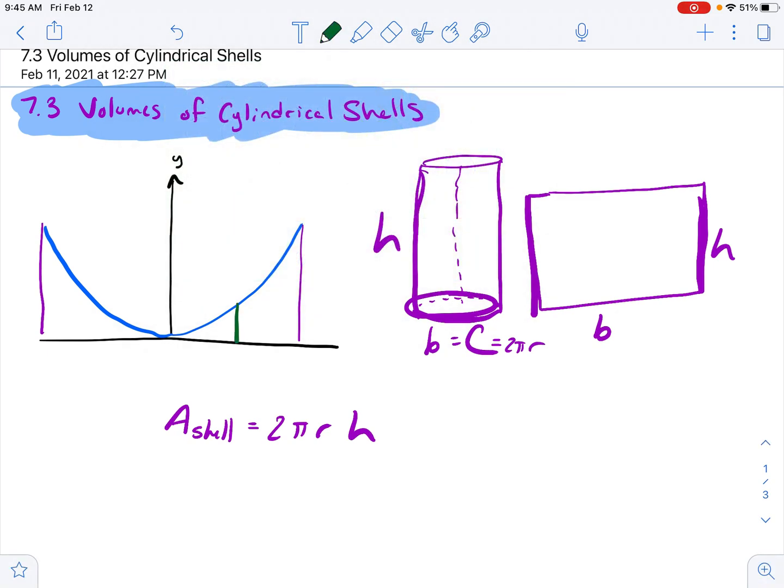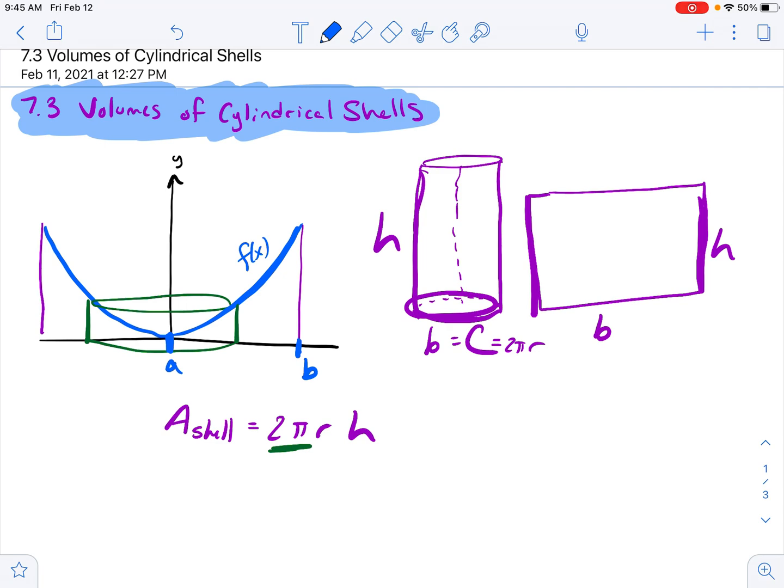Here's one vertical slice that I've wrapped around, creating this cylindrical shell. 2 pi is just a constant, so we're going to leave that alone. What I need to figure out is how to get r and h in terms of my function in the variable x. The blue function is our f of x here. Here's my original set of bounds, from 0 to this value. I'll just write it from a to b.